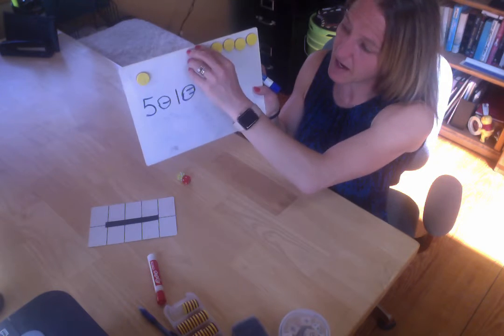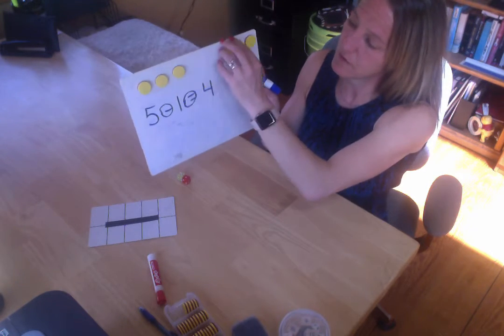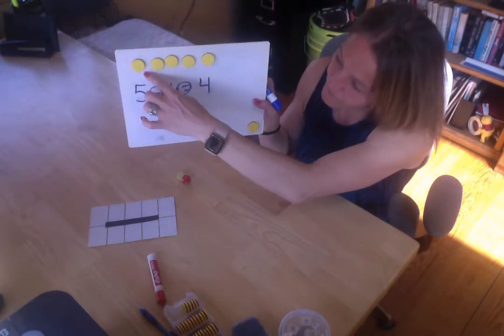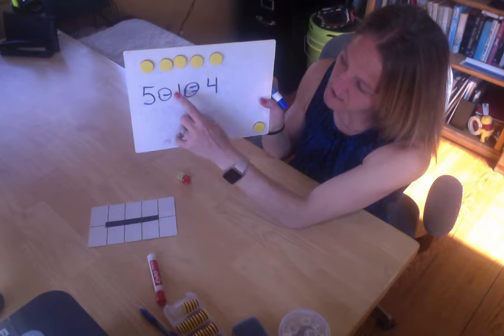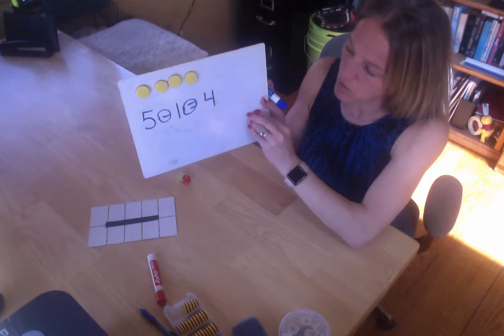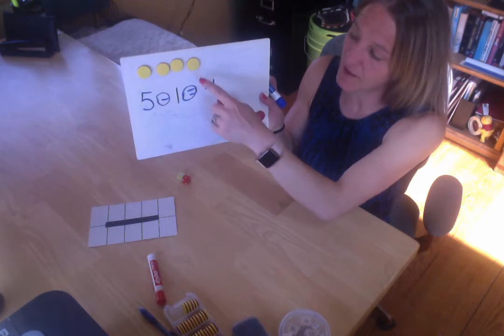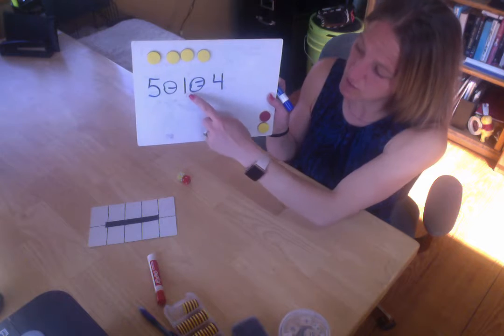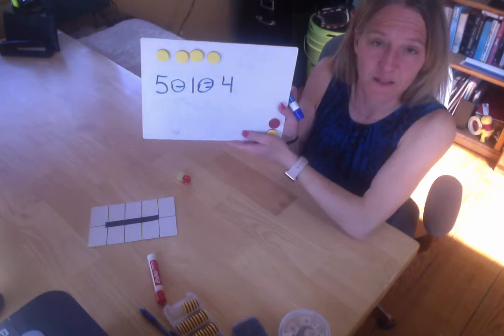So if we have 5, put that one down there because we don't need it right now. 5 minus 1. That means I'm going to take away that 1 and I'm left with 4. 5 minus 1 equals 4, and that is what we have up top.